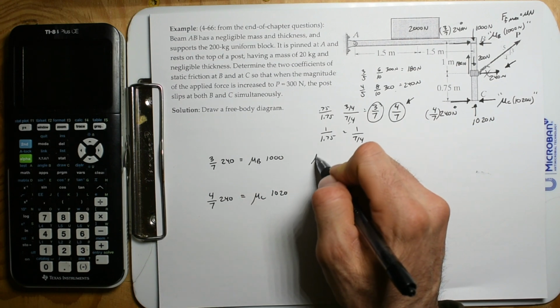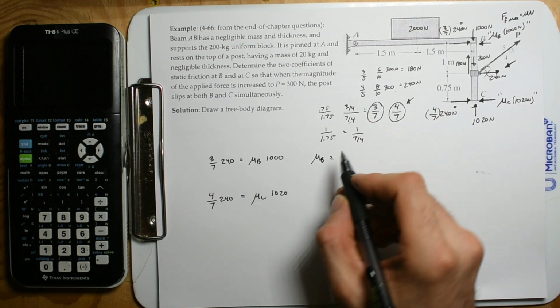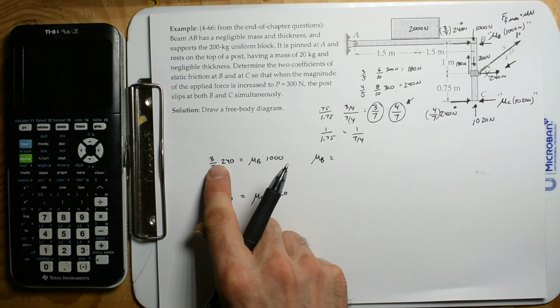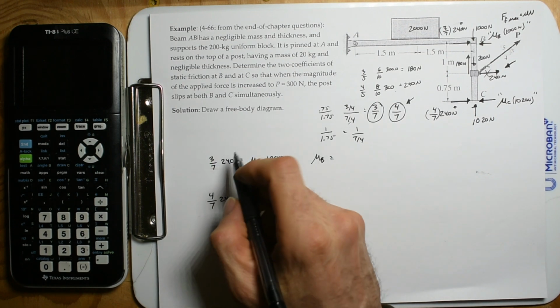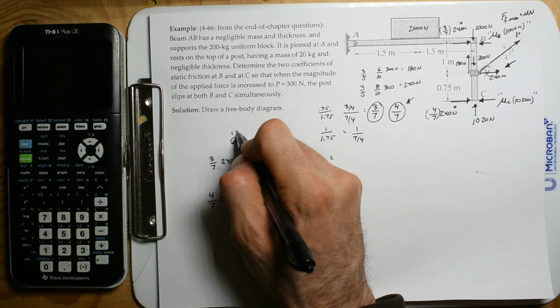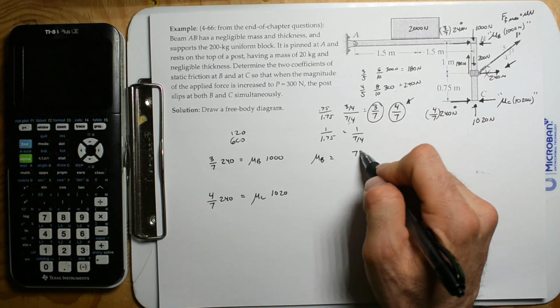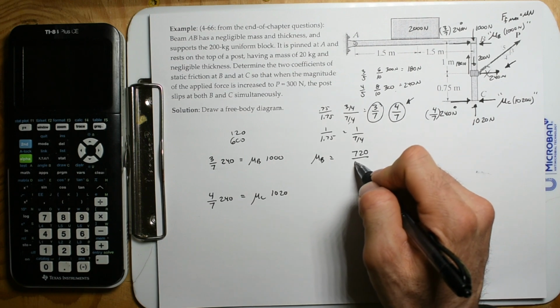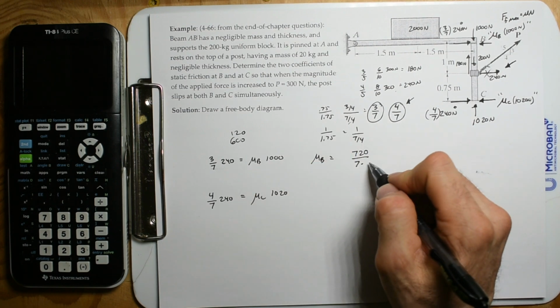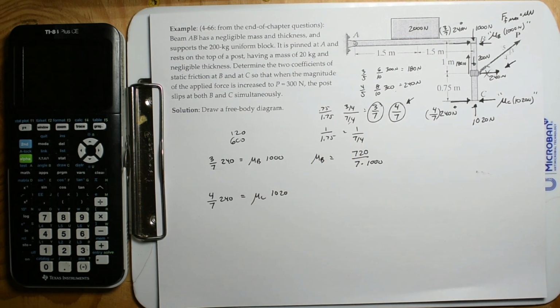So let's solve for mu b. That's going to be 3 times 240, which is 720, divided by 7, and then divided by 1,000.